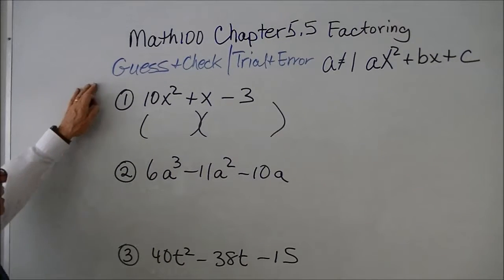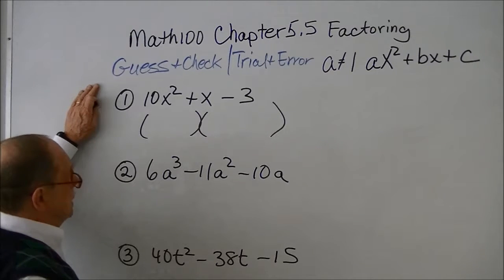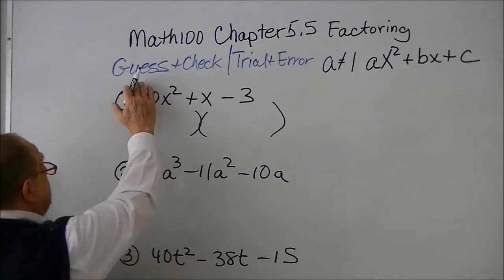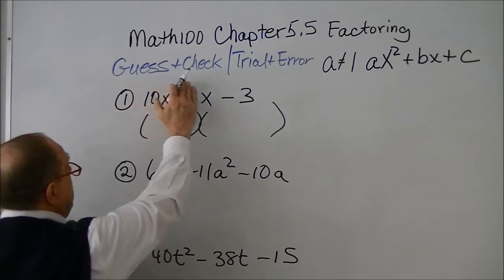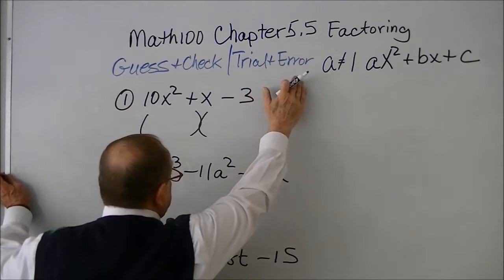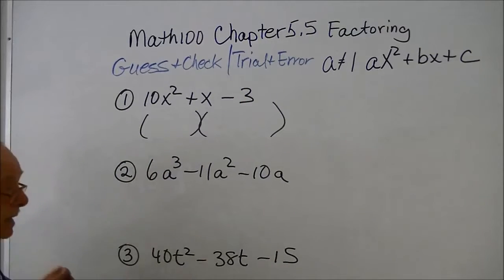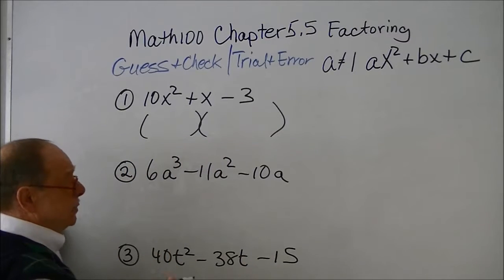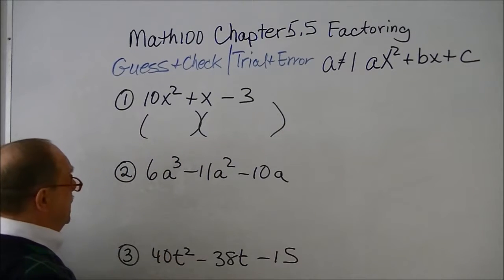So I've written up here in blue the strategy that we're going to use for this, which is often called guess and check, trial and error. So again, those of you who are using pen for this, not a good idea, because you're going to have to try things, and if it works, then you're okay.